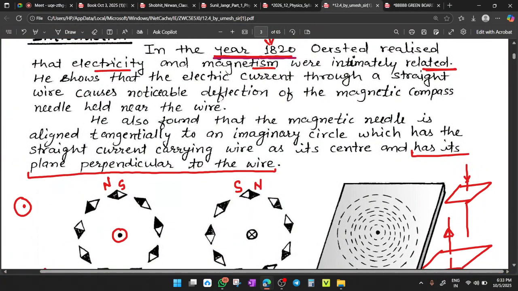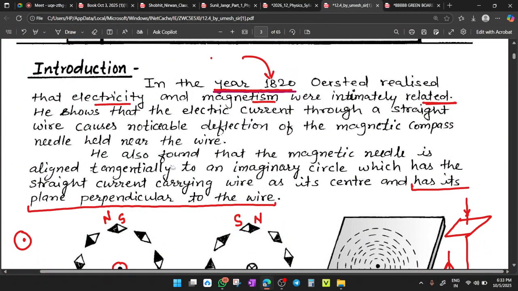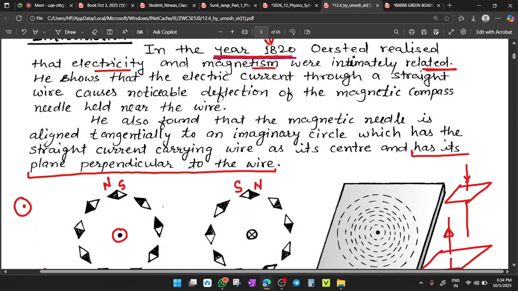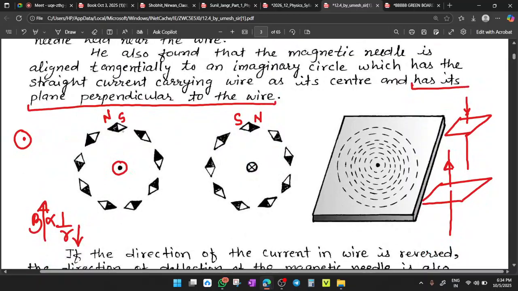Same thing is here. He also found that the magnetic needle is aligned tangentially. Yes, this is the direction of tangent. Here this is the direction of tangent. If you take any one circle randomly, then it is aligned tangentially, like this. Who aligned tangentially? The magnetic needle was aligned tangentially.